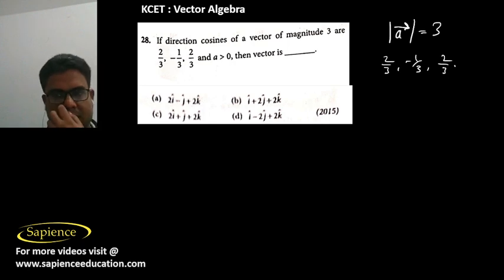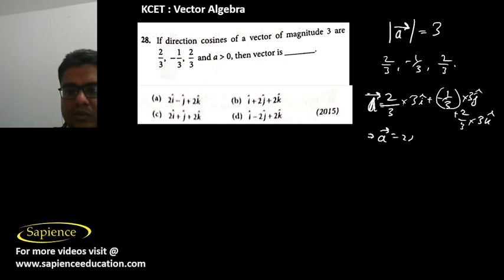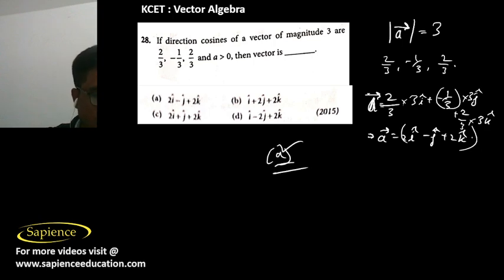The vector is 2 by 3 into 3 i cap plus minus 1 by 3 into 3 j cap plus 2 by 3 into 3 k cap. This will be 2 i cap minus j cap plus 2 k cap. Option A is the correct answer.